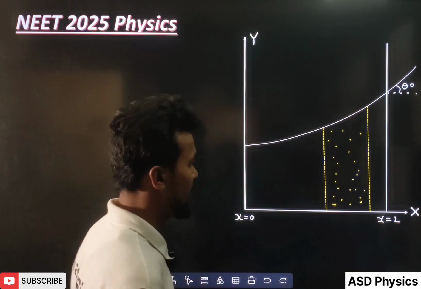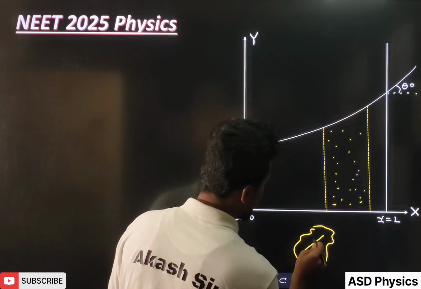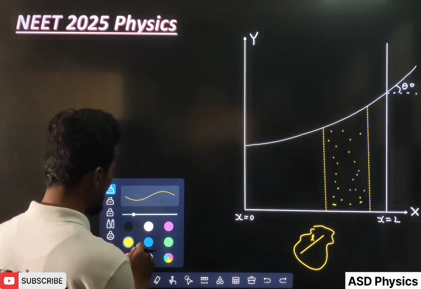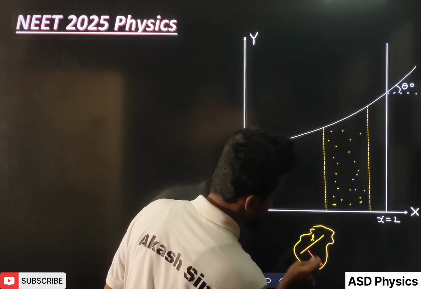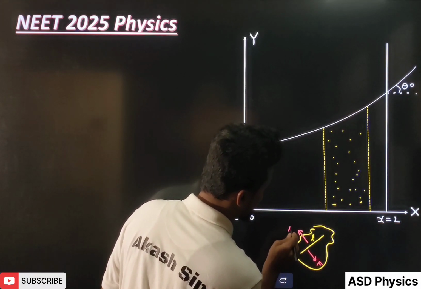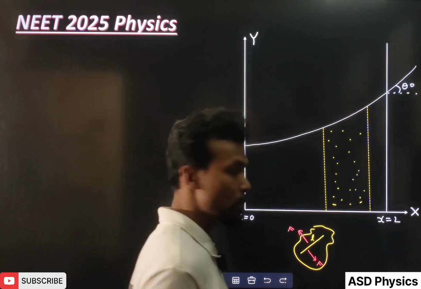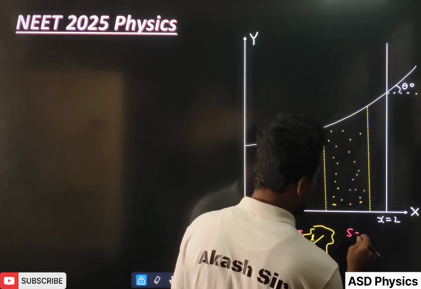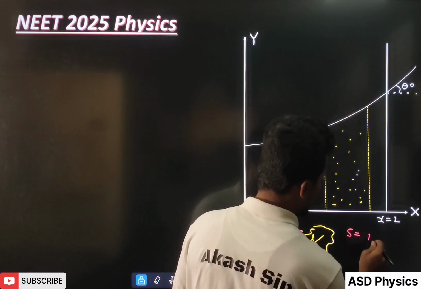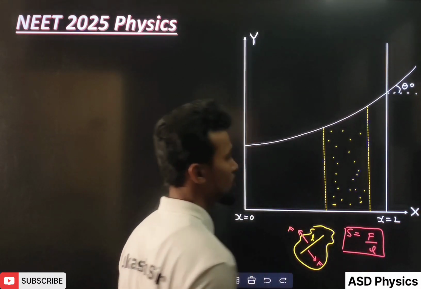If this is one surface of length L, then on this imaginary line it will exert a force F, trying to behave as an elastic surface and occupy minimum surface area. So for one free surface, surface tension is always given by S equal to F by L. This basic is needed here, S equal to F by L.